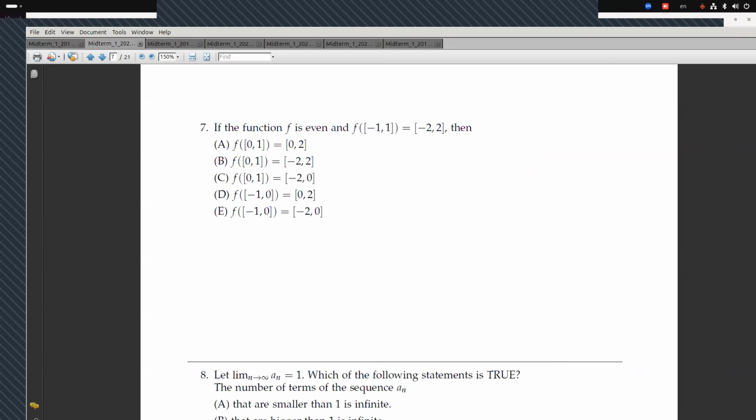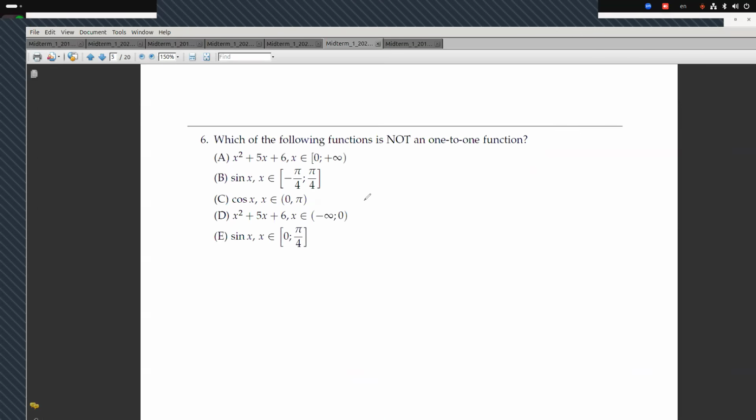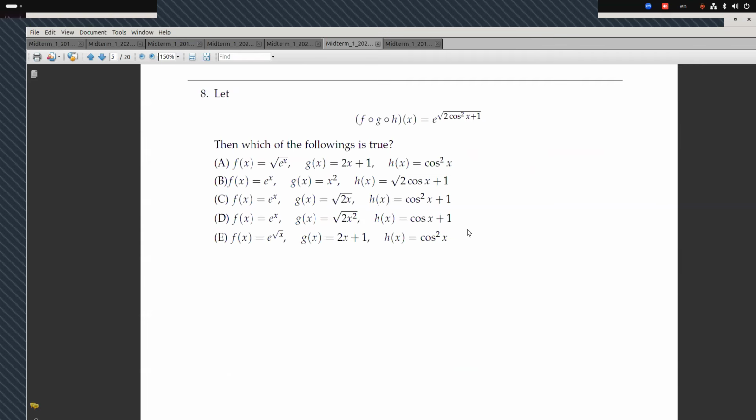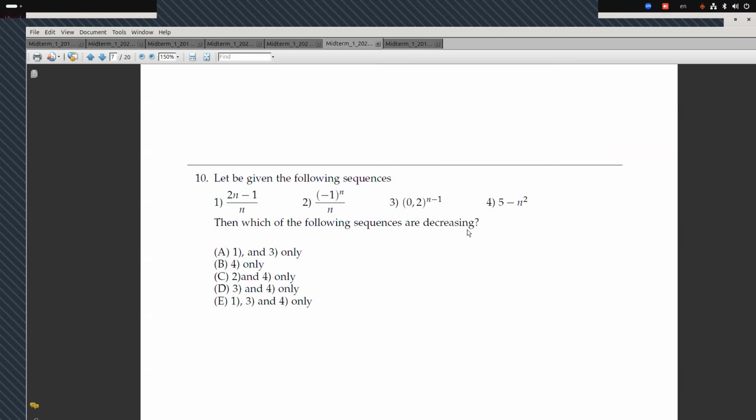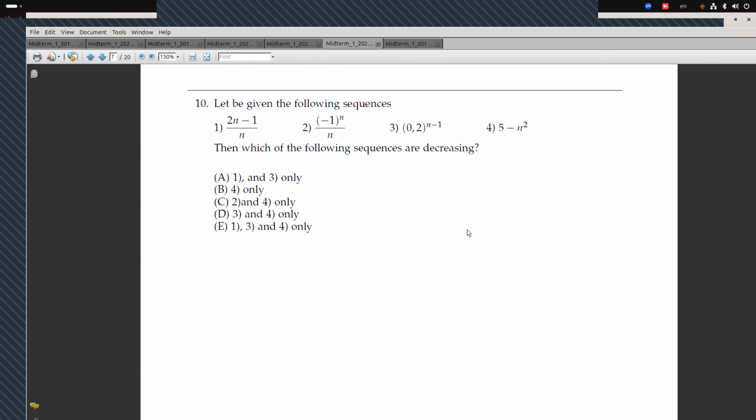2022 multiple choice number. Let the following sequences be given. We have here 4 sequences. Which of the following sequences are decreasing?